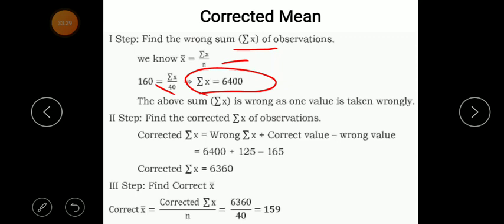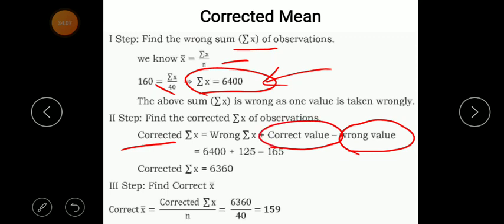This summation x is wrong because we had copied one item wrongly. So now we have to find the corrected total, the corrected summation x. The corrected summation x equals the wrong summation x, that is 6400, and from that wrong total we have to remove the wrong item and replace it with the correct item.